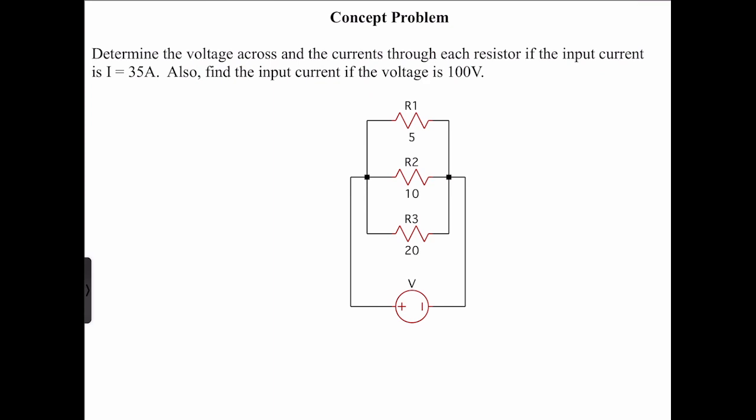So the first thing, use Ohm's law, we can write the relationship for I. The current I is equal to V divided over R. So we have the resistance of each resistor.